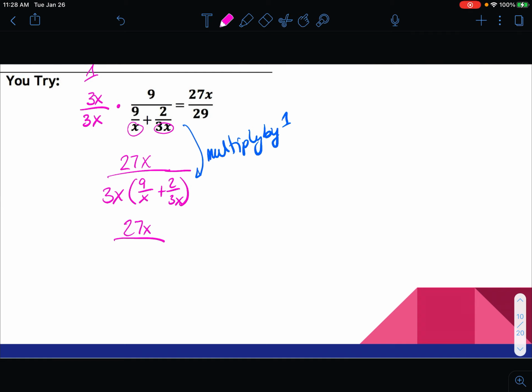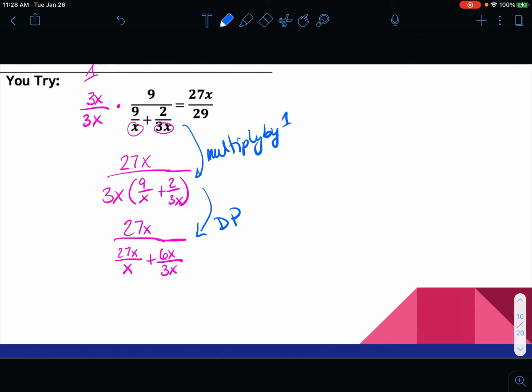So the 27x we leave alone. 3x times 9 over x. Notice those x's are going to cancel. So we actually have, and I'm going to write this out, 27x over x plus we have 6x over 3x. And that is the distributive property.